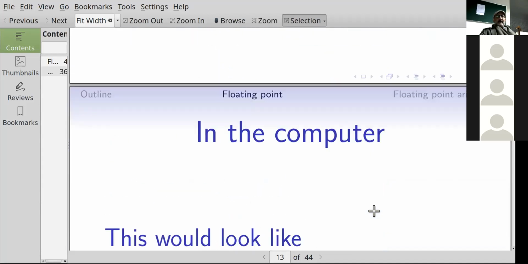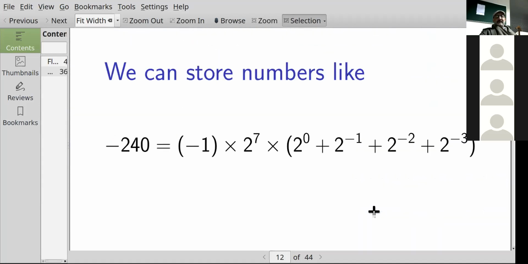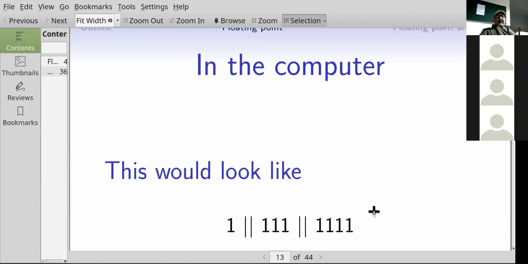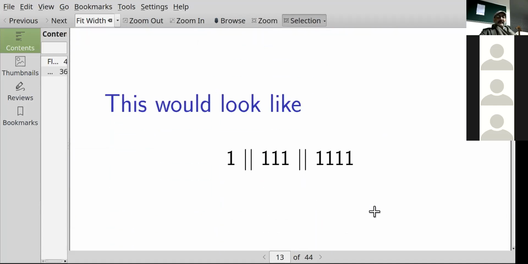Okay, so now this number, minus 240, if I want to think about how it's working in the computer, all I want are the coefficients of the various things, because the place in the number tells me about them.